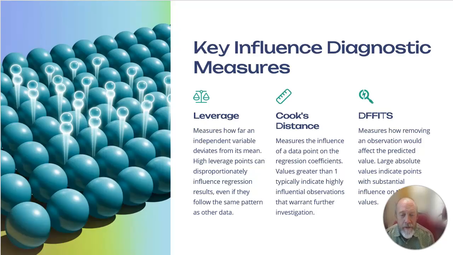Cook's distance is a number that you can calculate, and when you see a high Cook's value, you can see that those values have a high level of influence. And the DFFITS can do the same thing. So essentially, there are statistics to measure the influence of individual points.